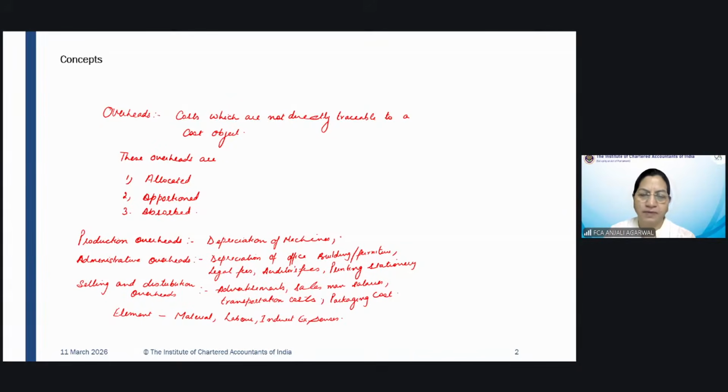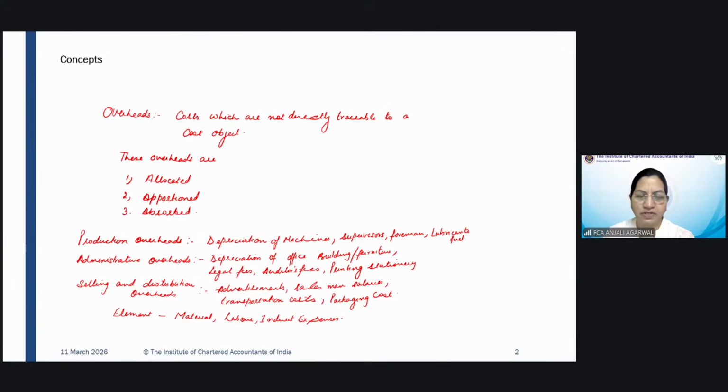The payment made to supervisors or foremen who look after that the workers are working properly, this is indirect labor. The lubricants used or the fuel used to manufacture the product, they become an indirect material element of production overheads. So another way of classifying is material, labor, and on the basis of elements.